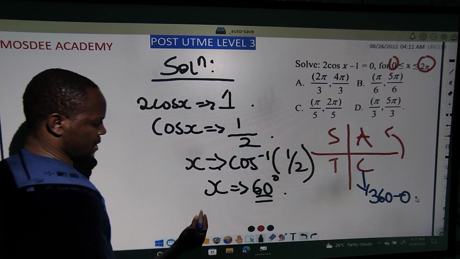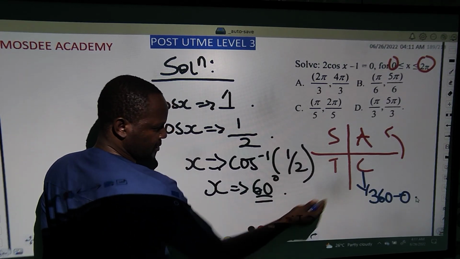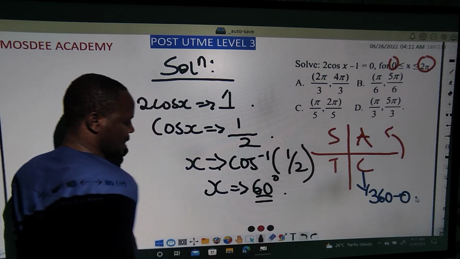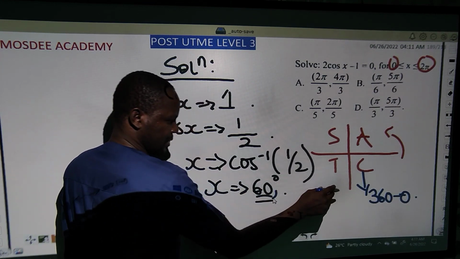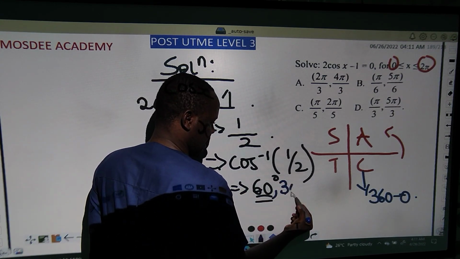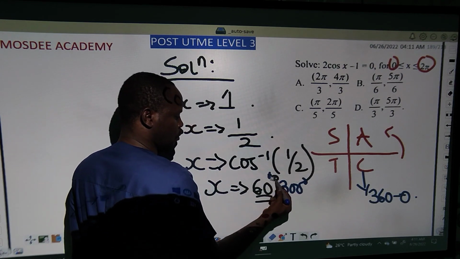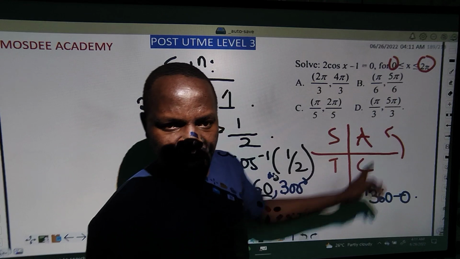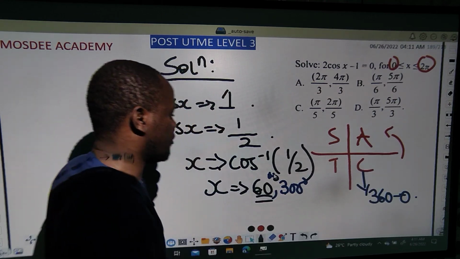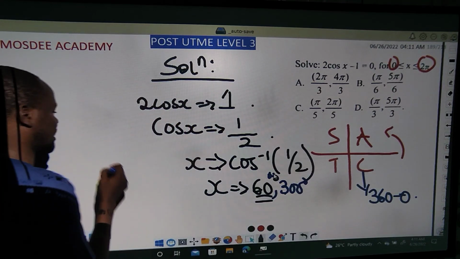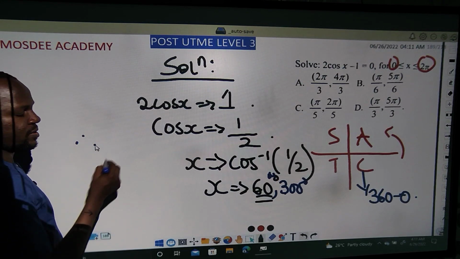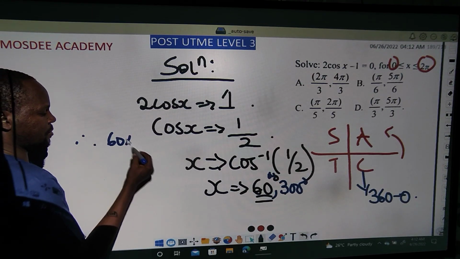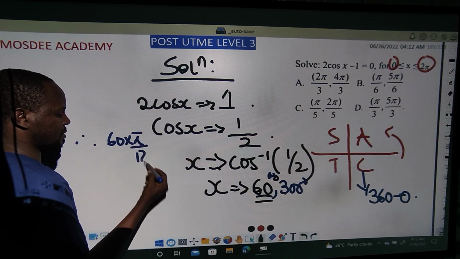So guys, here, we can say another answer apart from 60, because cosine is also positive at the fourth quadrant. We can also say 360 minus 60 is what? 300 degrees. You can see I'm working in terms of degrees in my formulas, but answers are in terms of radians. So we have to multiply by pi over 180. Therefore, we say 60 times pi over 180.